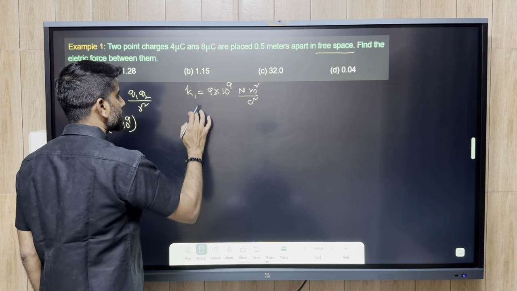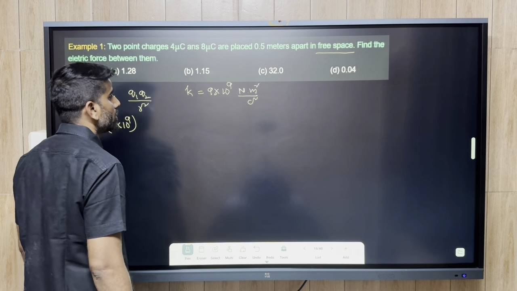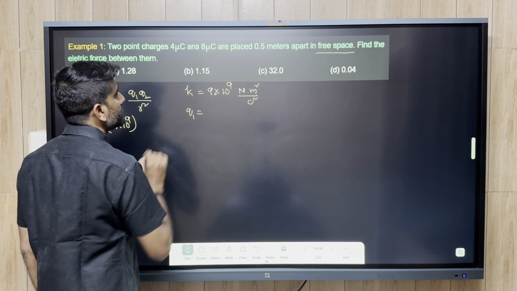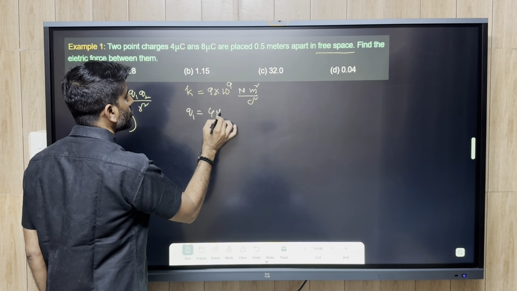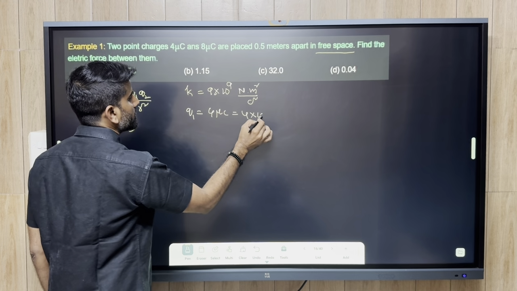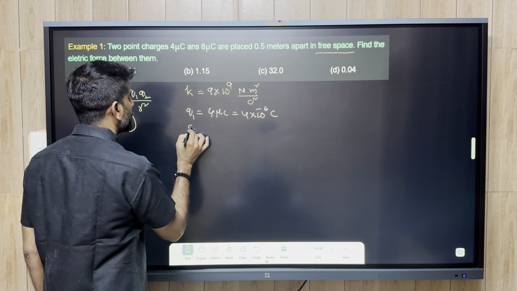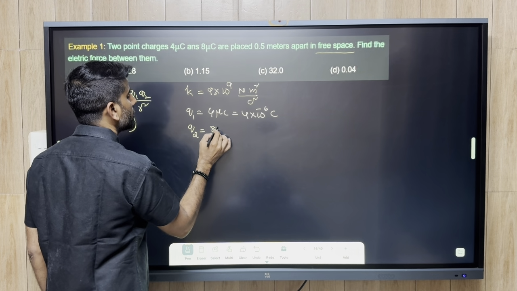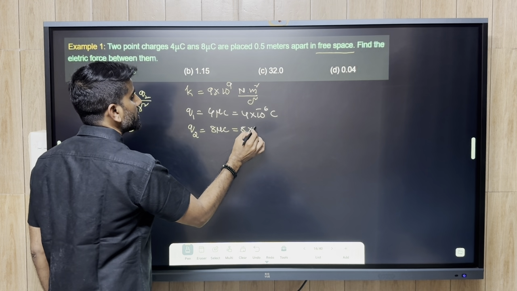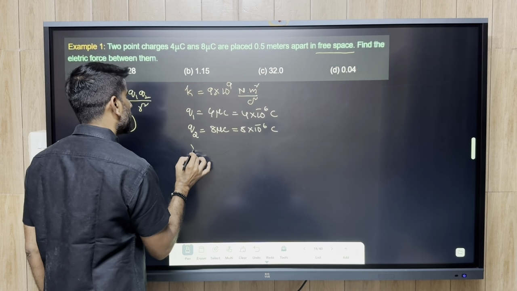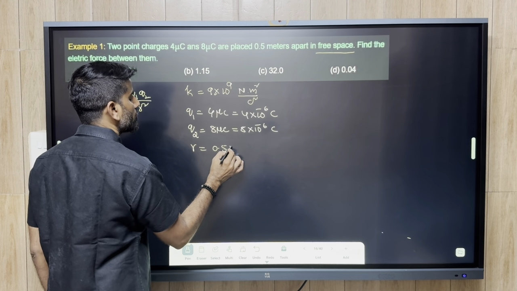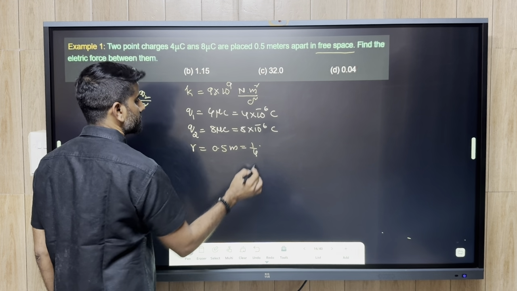Now Q1 is equal to 4 microcoulombs, which is 4 times 10 to the minus 6 coulombs. Q2 is 8 microcoulombs, 8 times 10 to the minus 6 coulombs, and the separation between them is 0.5 meters, which is half a meter.